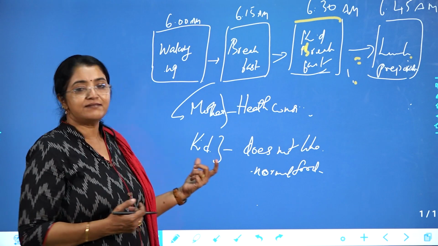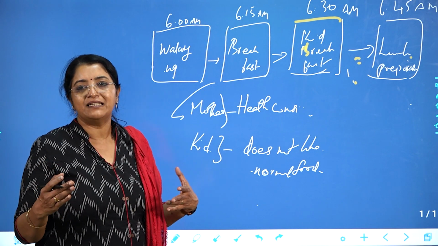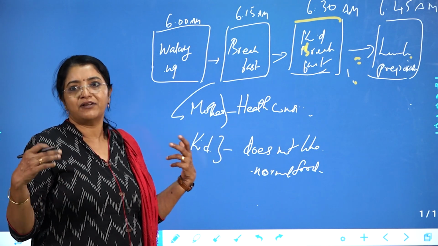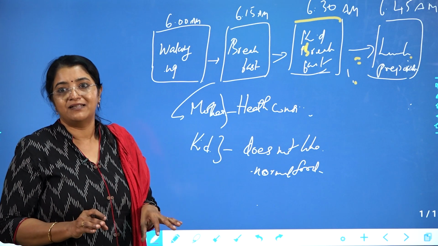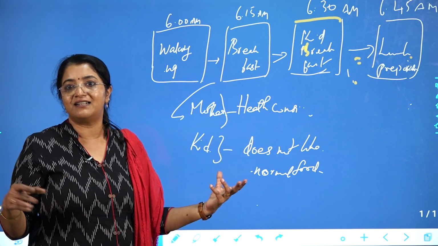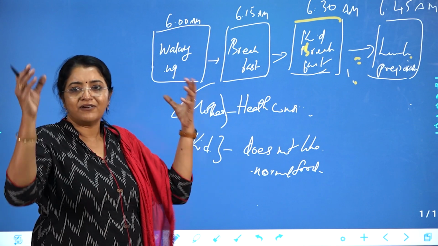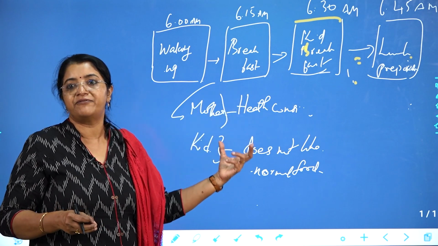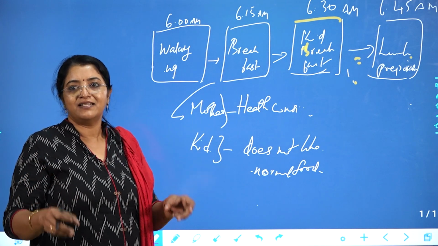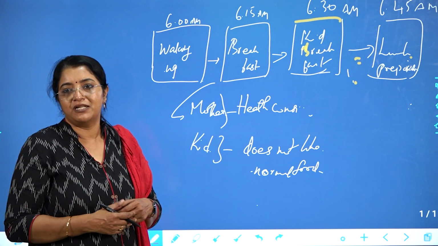Whereas the kid says he or she doesn't want any conventional food, which you force onto the kid. Instead, he wants foods which look like noodles. Even idiyappam is favored by the kid only because it forms just like a noodle.